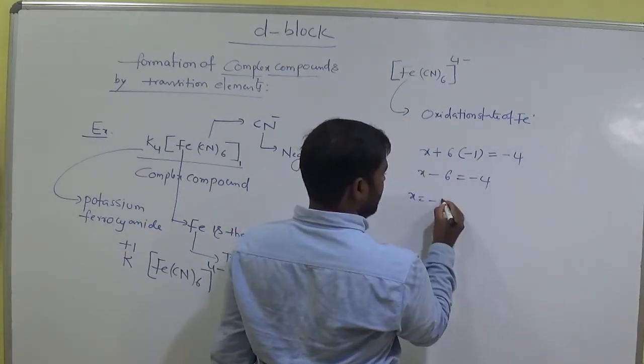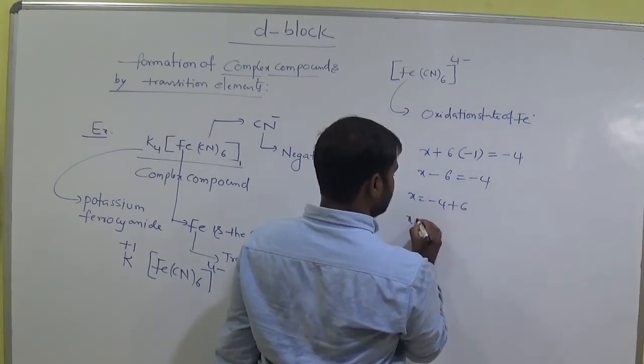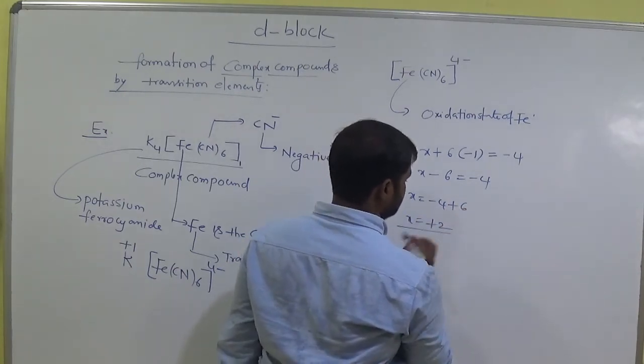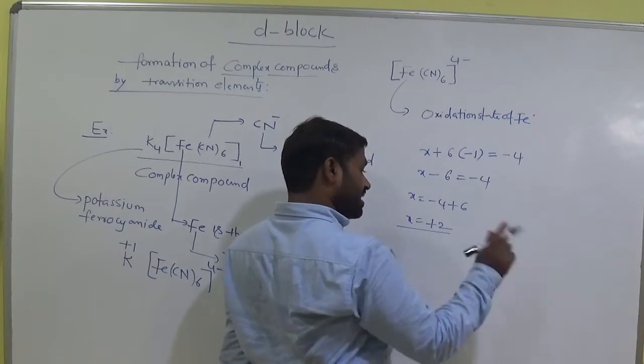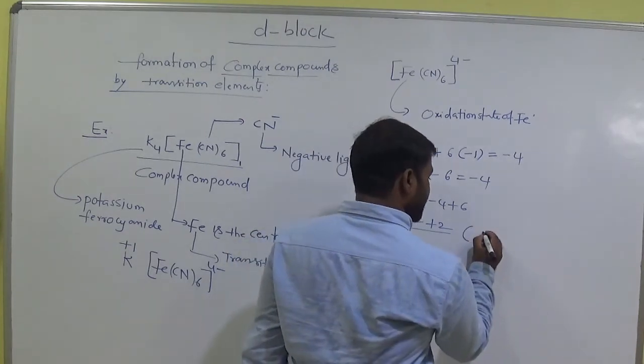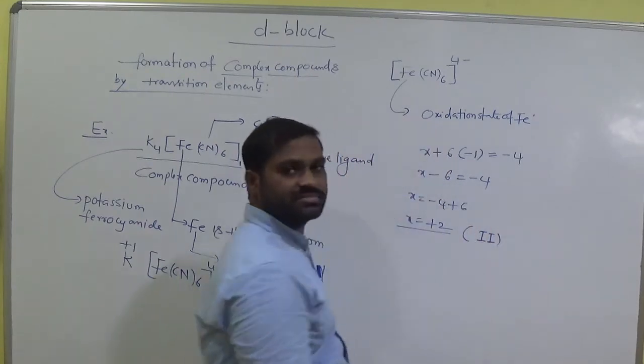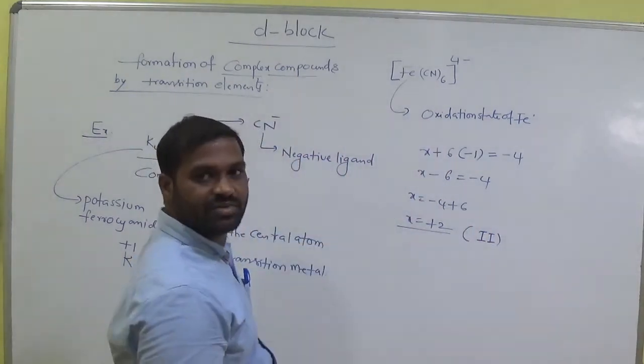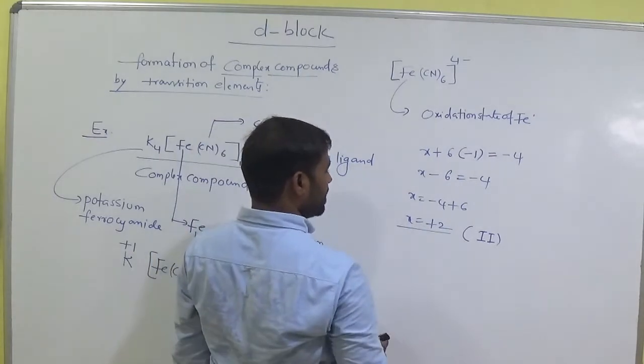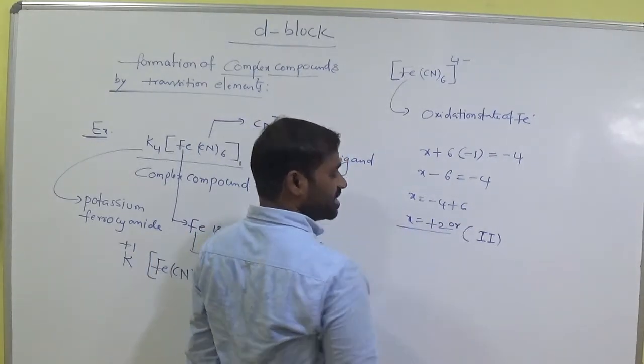X equals -4 plus 6, then X equals +2. Numerically we represent this as +2, or with Roman numeral II. Both are the same.